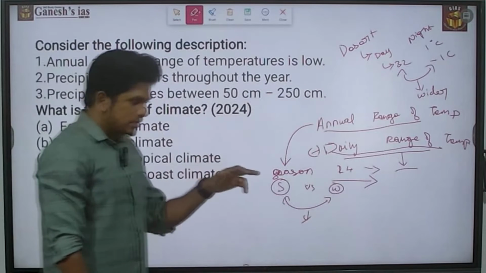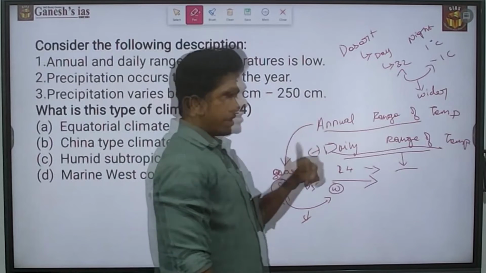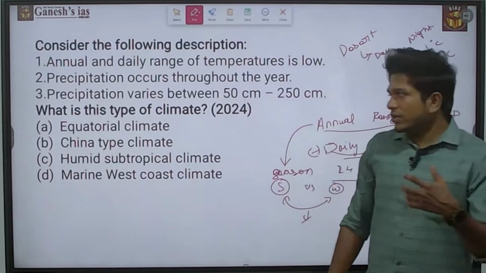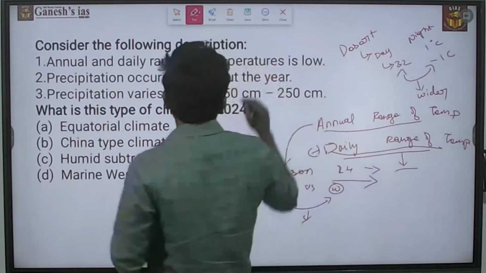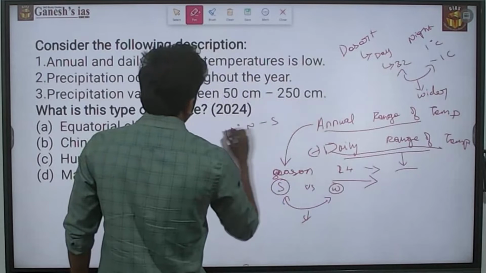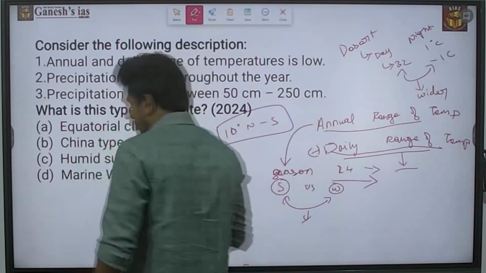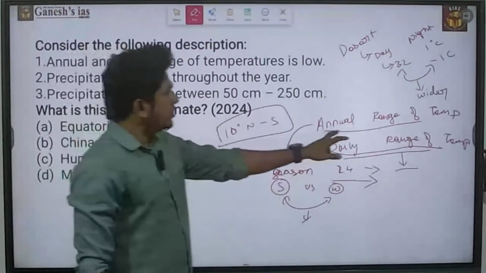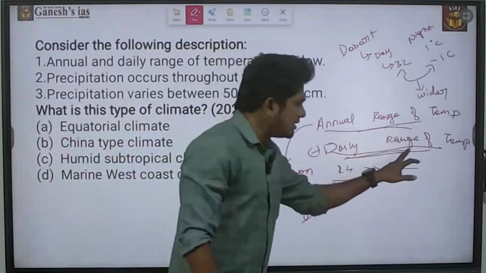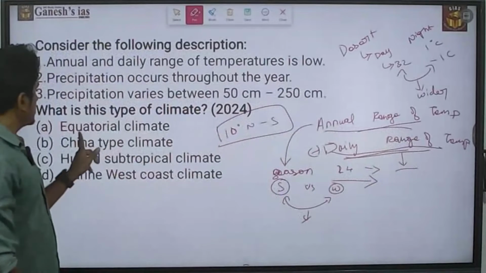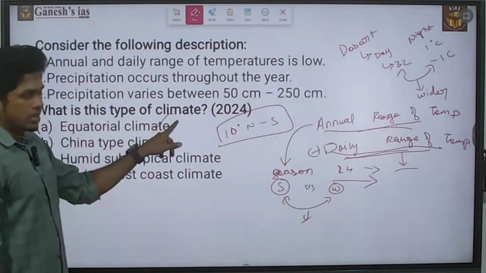So the first statement itself is trying to connect with the equatorial climate. The equatorial climate is between 10 degrees north and 10 degrees south. Only in that region will there be a minimum annual range of temperature and daily range of temperature. So the first statement itself says it is a possibility for the equatorial climate.